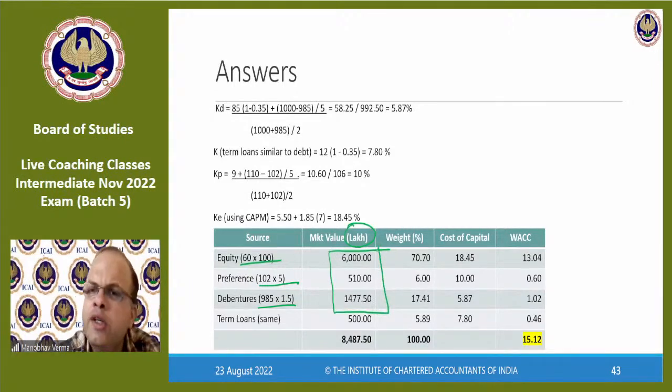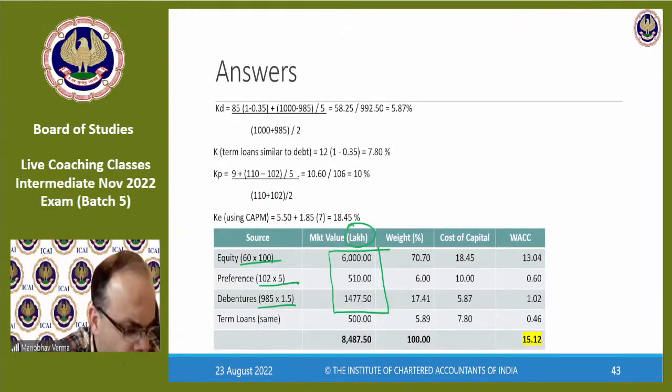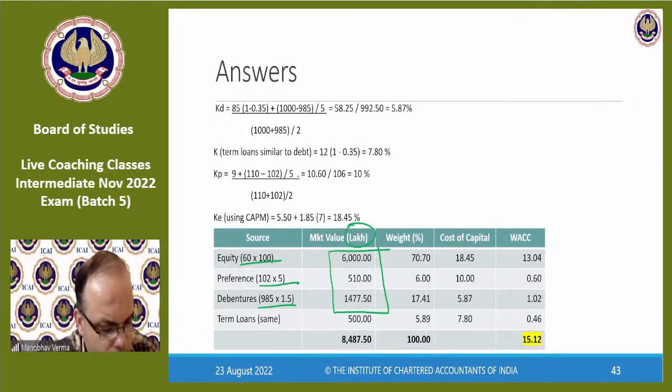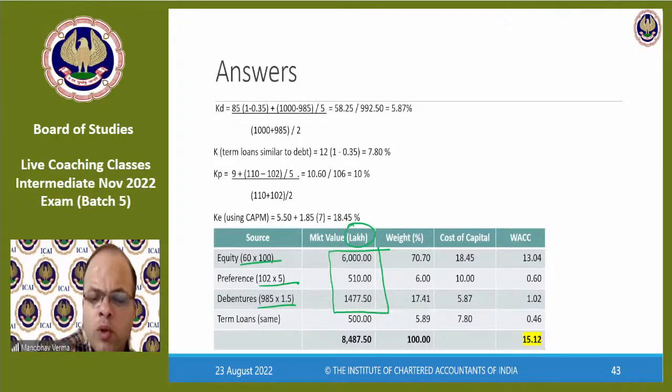The term loan continues to be at 500 lakhs here. So we are just calculating the market values. Based on that, we use the weights and multiply by the respective cost of capital to arrive at the weighted average cost. I hope everyone is spot on with this particular question as well.